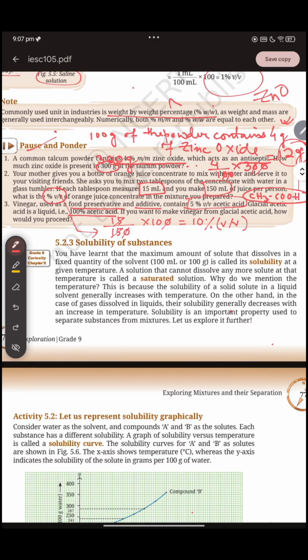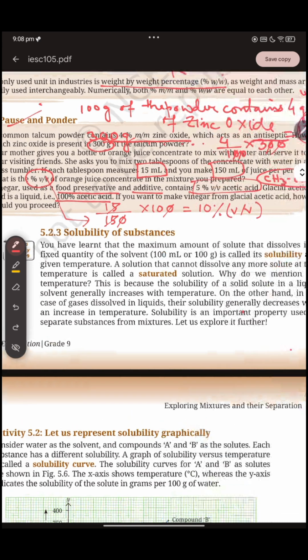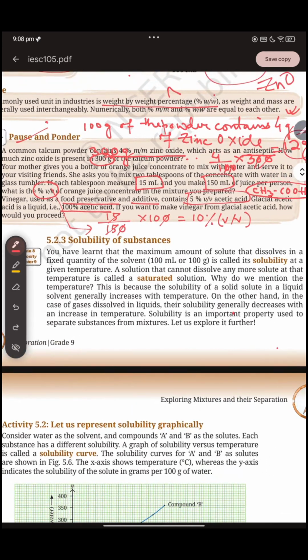If I take 5 ml of acetic acid, then I have to take 100 ml, that is, the total volume of the solution should be 100 ml. And glacial acetic acid contains only acetic acid, no mixing water. If you want to make vinegar from glacial acetic acid, how will you proceed?